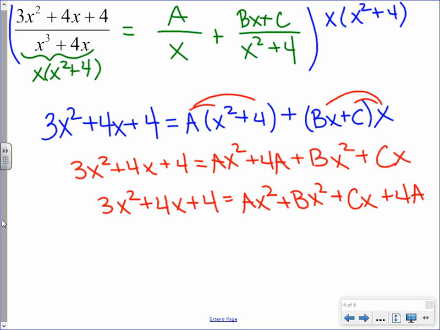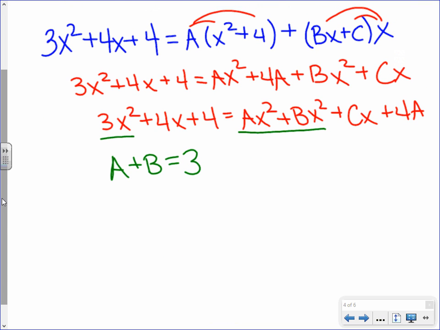Okay, so that right side should be 3x squared plus 4x plus 4, right? Well, if I have ax squared plus bx squared, that needs to be the same as what? 3x squared, right? So we can write that a plus b has to equal 3, because the coefficient of x squared should be the same as this coefficient of x squared since we have equal equations. Okay?